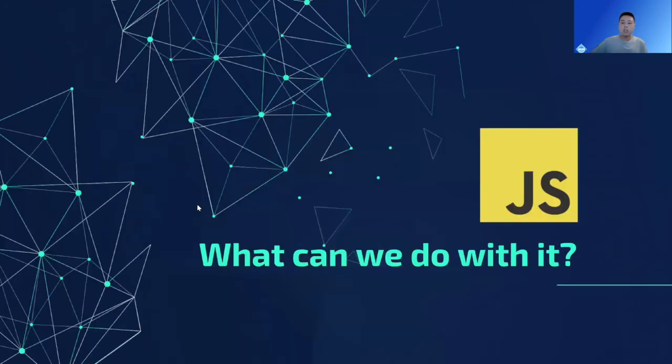So what is JavaScript and what can we do with it? JavaScript is a popular and useful tool for web development, and in today's lecture, we will be covering the basics. In our future lectures, we will dive into React Native, which also uses JavaScript, and there we will be focusing on app development.